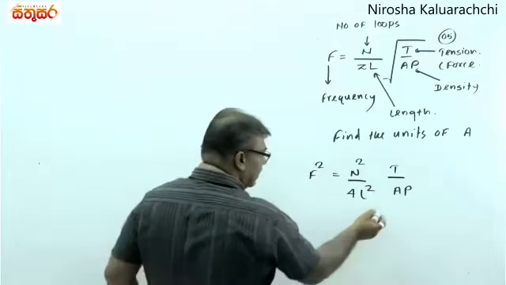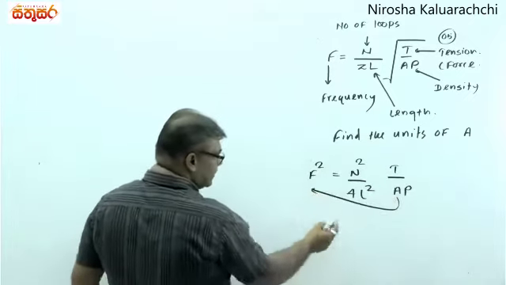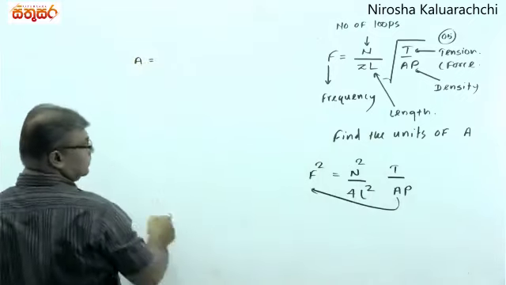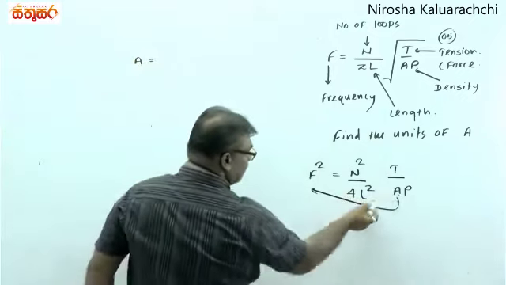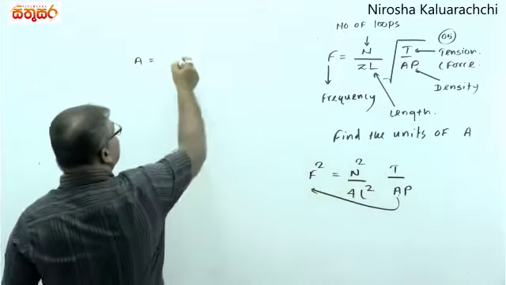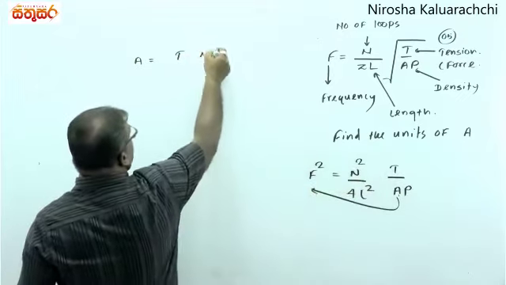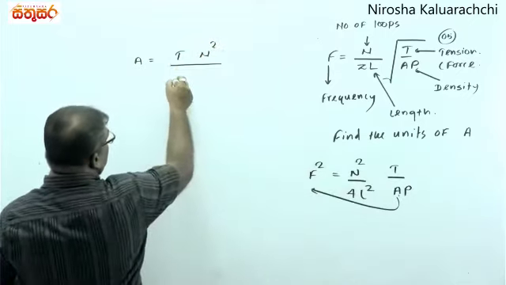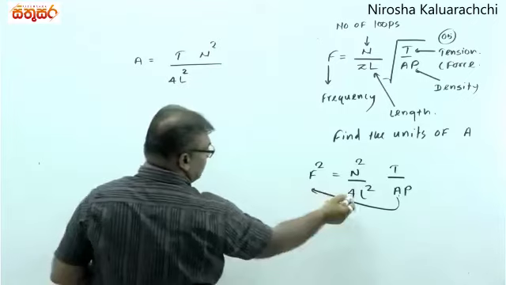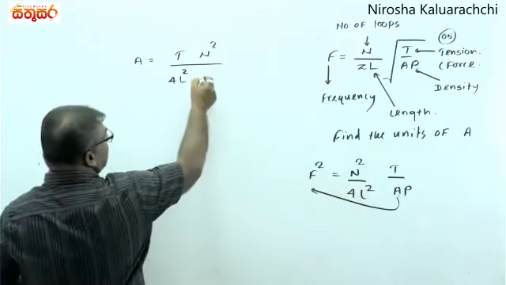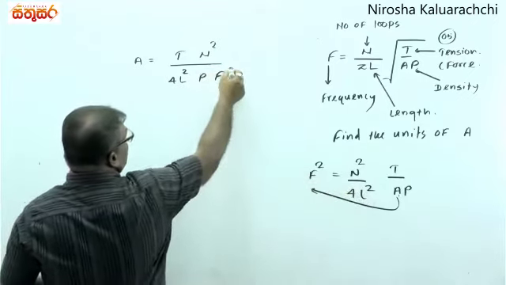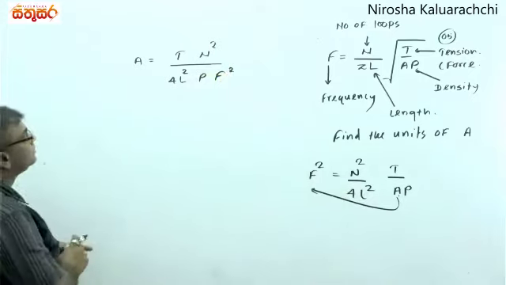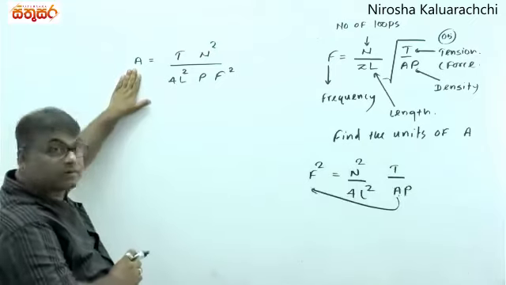Now we can take a to the other side. So a only on this side, right? We have t n squared divided by 4 l squared, and f comes down as frequency squared. This is the subject derived from the given equation, right?